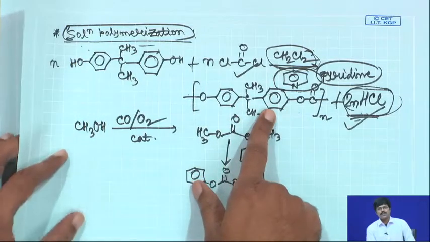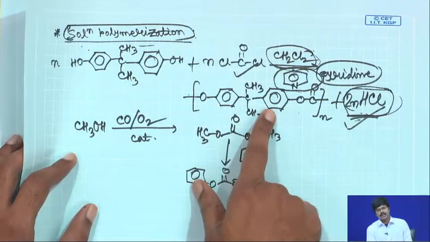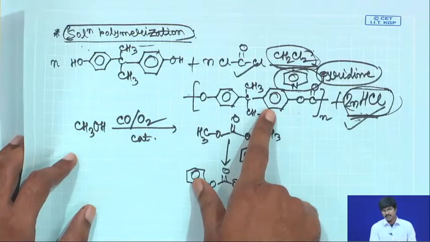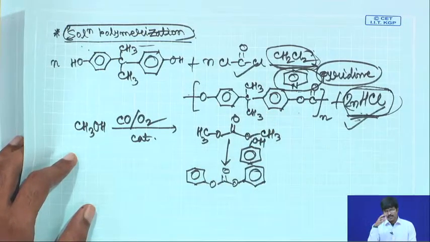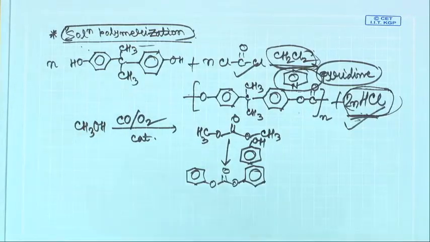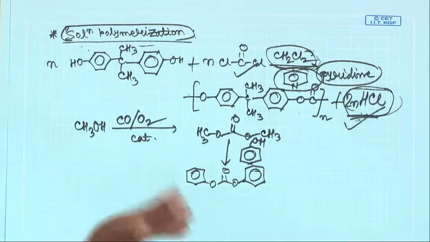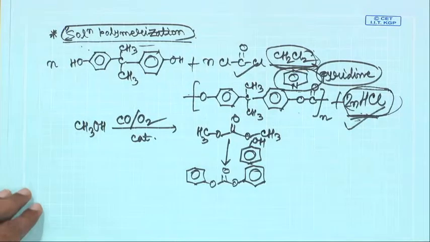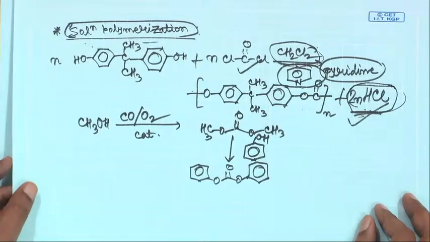That means it gives you higher stiffness, and higher stiffness gives you a higher glass transition temperature, because glass transition temperature is a temperature beyond which a large portion of the polymer chain starts to have motions, and those motions are not there at a temperature lower than the glass transition temperature.